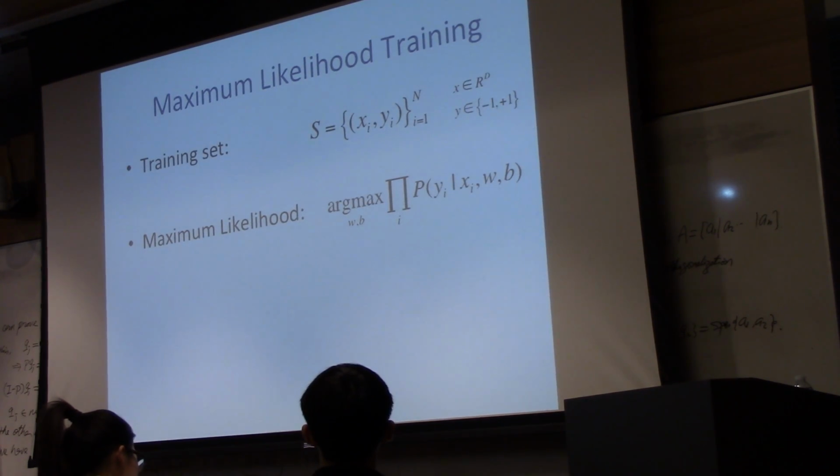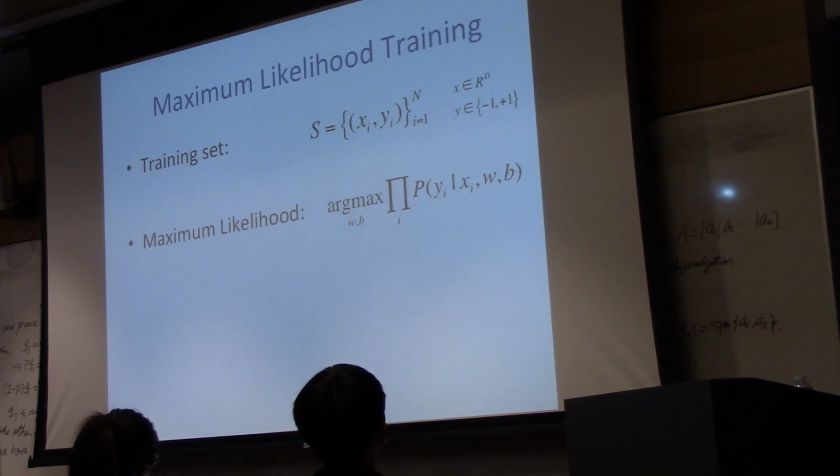The way you think about training a logistic regression model is that you're also minimizing a loss function, but you can derive it from a probabilistic principle. The idea is as follows. Suppose we have a training set of the standard form, and suppose that every example in this training set was sampled independently from the true distribution.